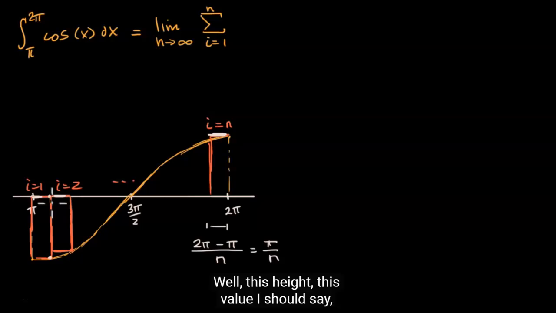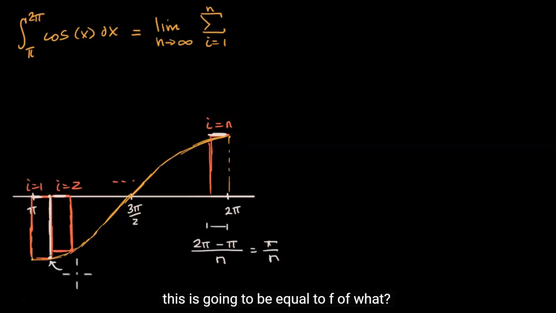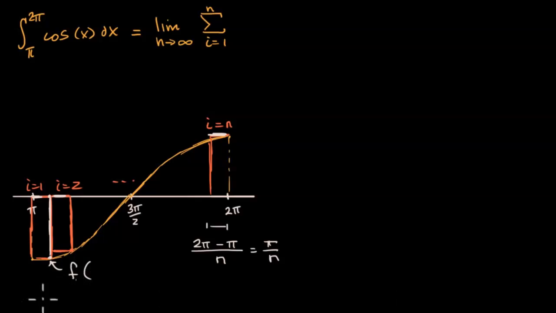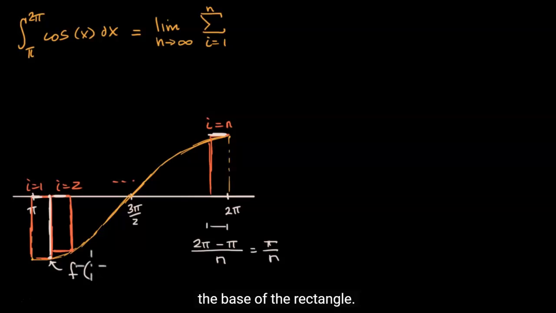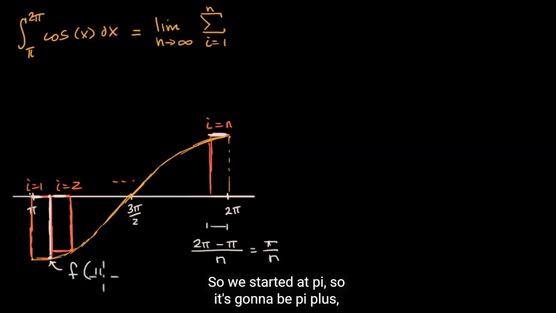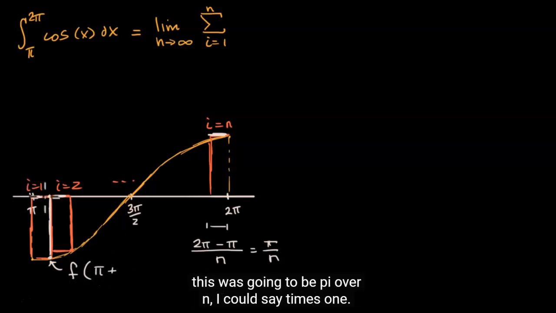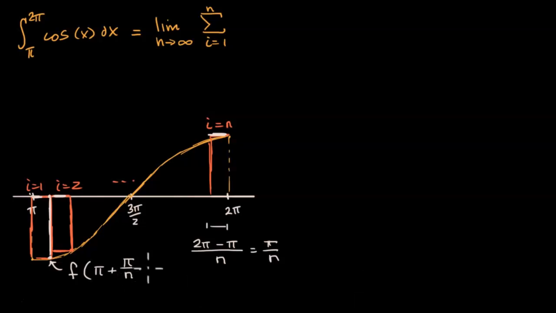So this right over here, what would this height be? Well, this value is going to be equal to f of what? Well, this was pi, and this is going to be pi plus the length of our interval right over here, or the base of the rectangle. So we started at pi, so it's going to be pi plus pi over n, I could say times 1.